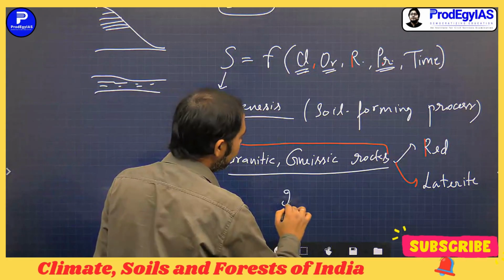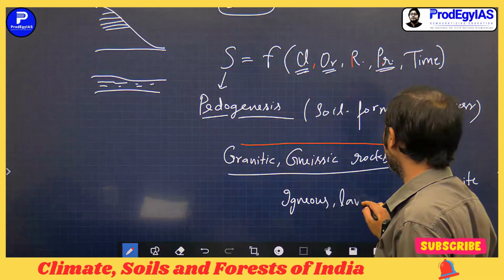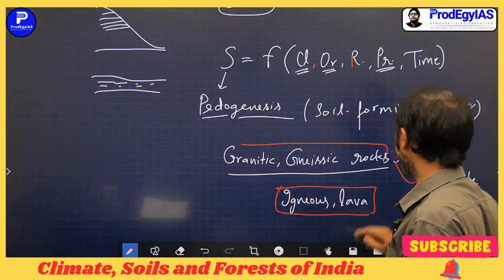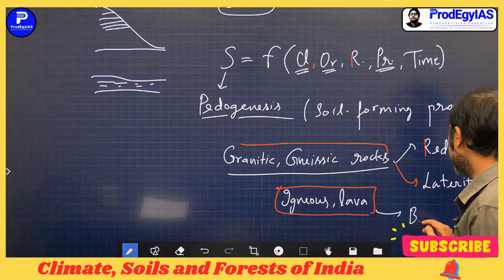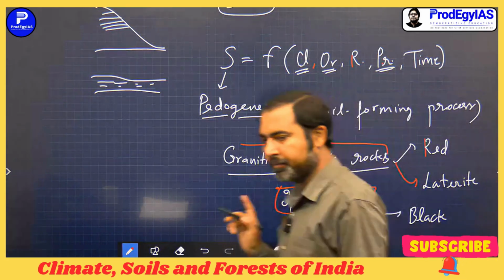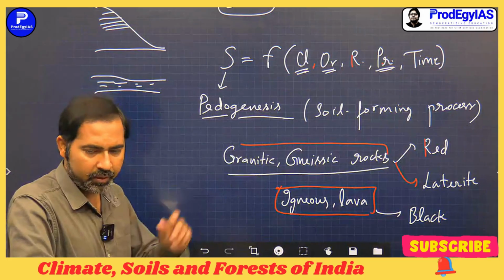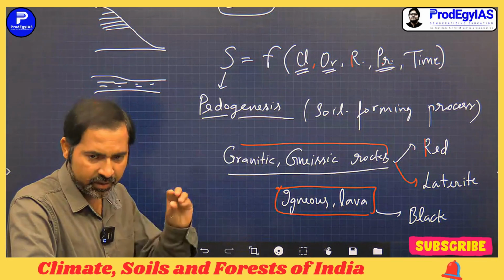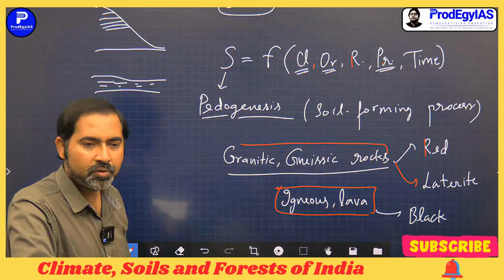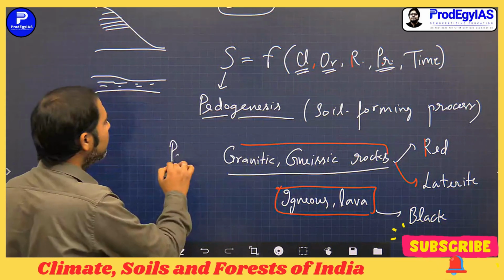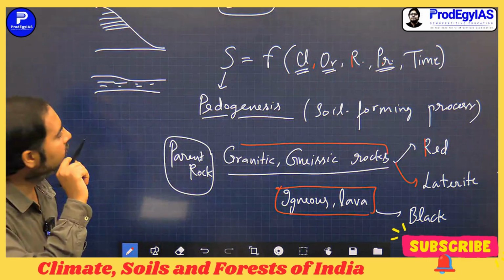You know that igneous lava, such type of material, after solidification and then further, develops as a black soil, right? Wherever you find such type of rocks, in the Trap, around Rajmahal Hills, in a very restricted area, in Malwa, there you can find such type of soils. So parent rock material is an important deciding factor, right?